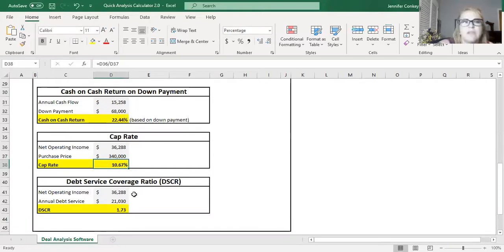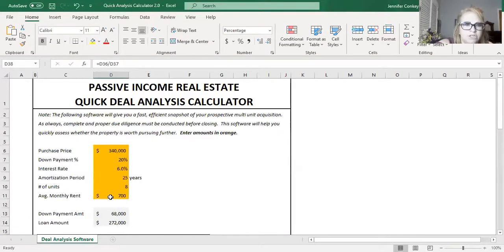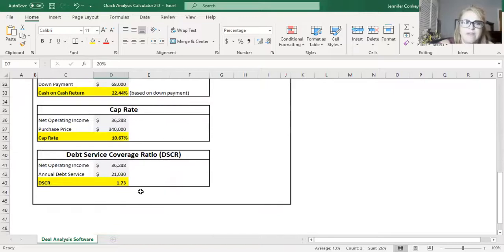So you could start playing with what you'd have to do: higher rents, a lower purchase price, or a higher down payment. You just play with it to see how it impacts the ratio. In your notes, you can write: the higher the debt service coverage ratio, the better. Also, the higher the cap rate, the better.